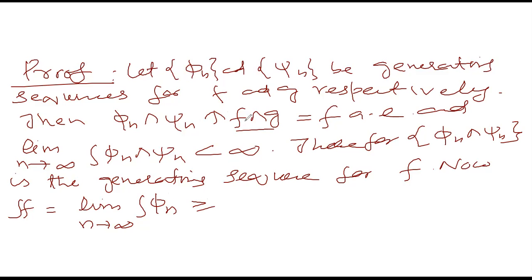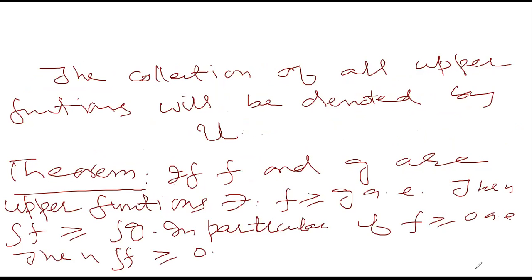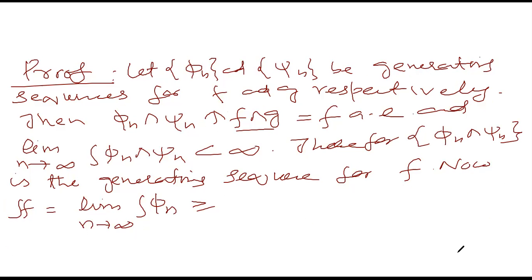This is f meet g. Is f less or equal to g, or f greater or equal to g? Sorry, f is greater or equal to g. So here the minimum is g. Therefore, phi is a generating sequence for g, not for f.